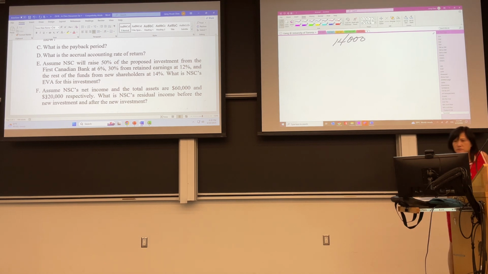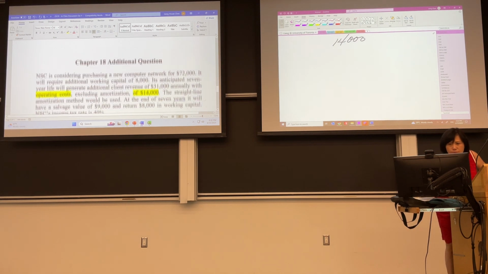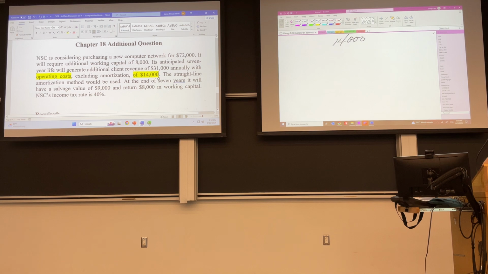Okay, so let's do the question. Net present value. It's a simple question, not too long. Net present value. Number one, net initial investment. Cost 72,000. Do I have trade-in value?